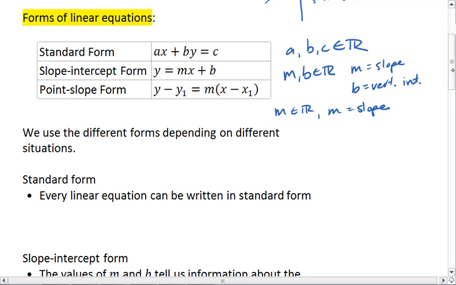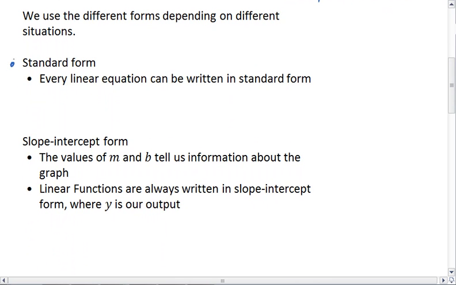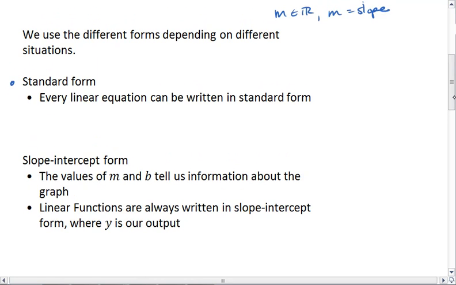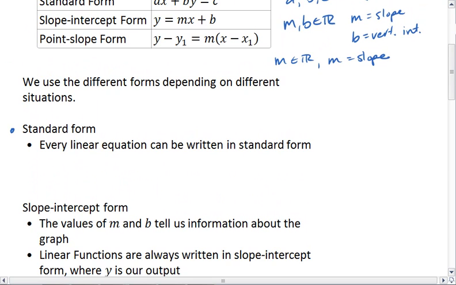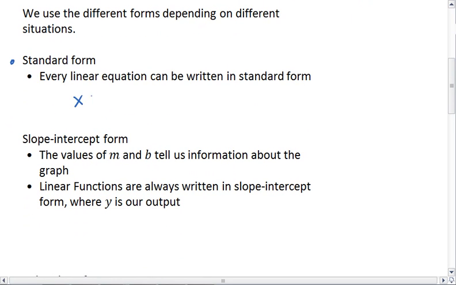We use the different forms depending on different situations. For standard form, the reason we have a standard form is because every linear equation can be written in standard form. Not every linear equation can be written in slope-intercept or point-slope form. For example, x equals 5 is a linear equation.